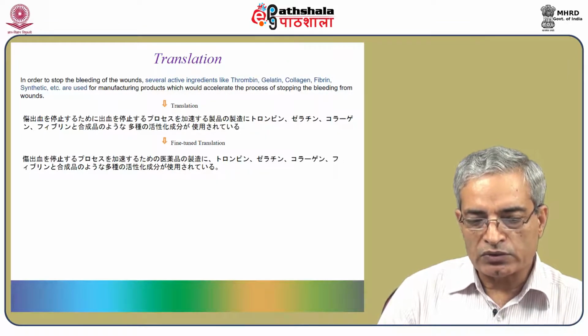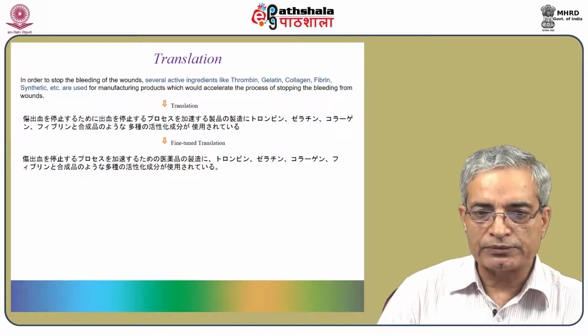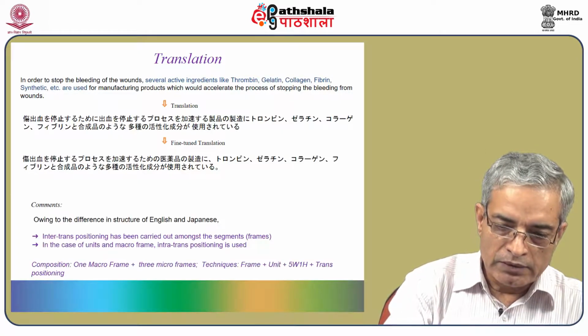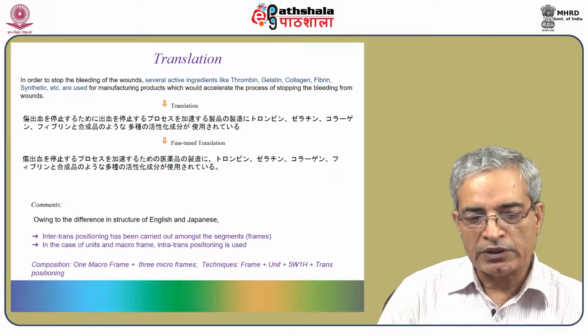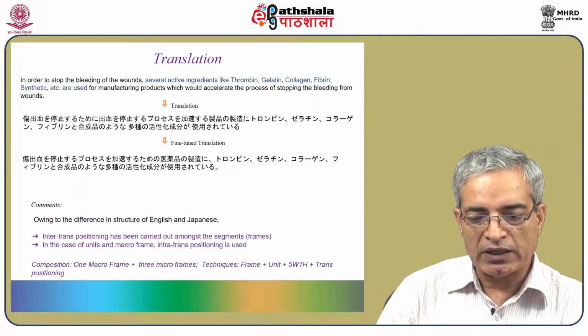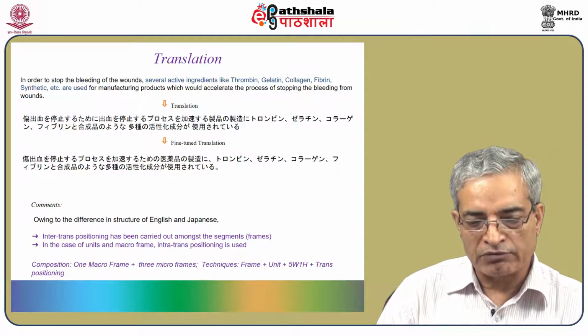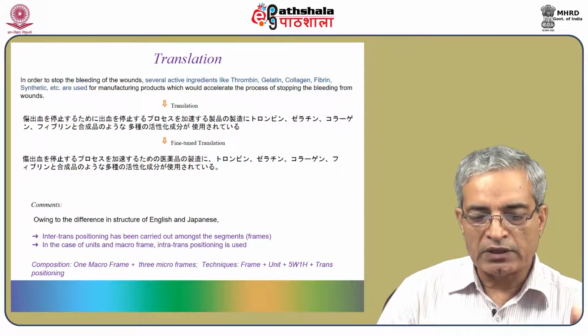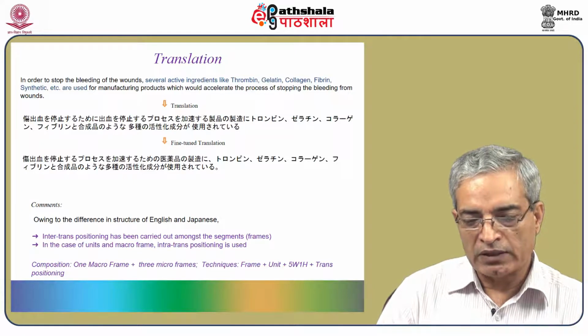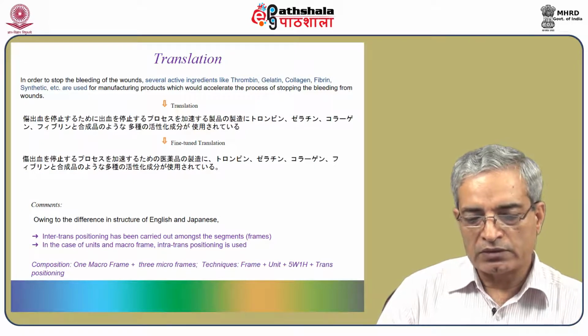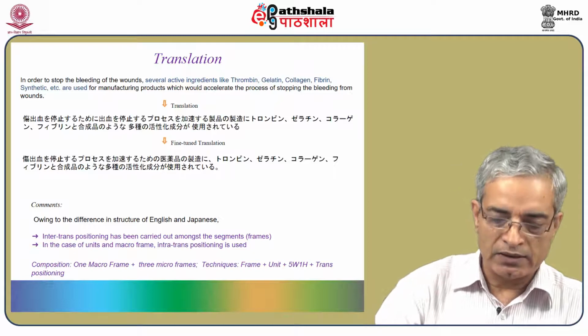No yona tashu no kase ka seibun ga shio sareteru. Owing to the difference in structure of English and Japanese, inter-transpositioning has been carried out amongst the segments or the frames. In the case of units and macro frames, intra-transpositioning is used, and the composition here was 1 macro frame, 3 microframes, and the techniques used were unit plus 5W1H and transpositioning.